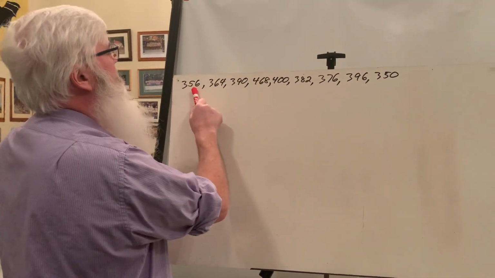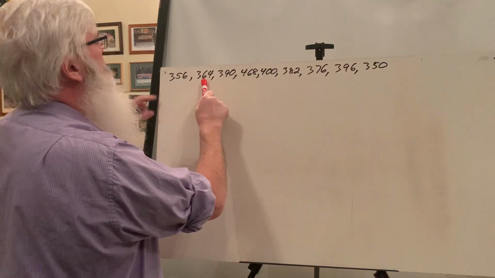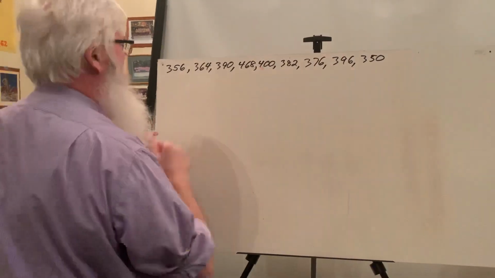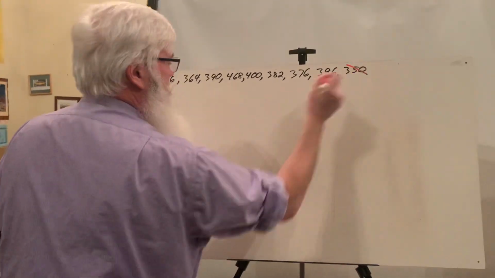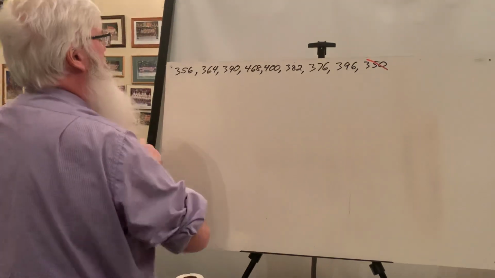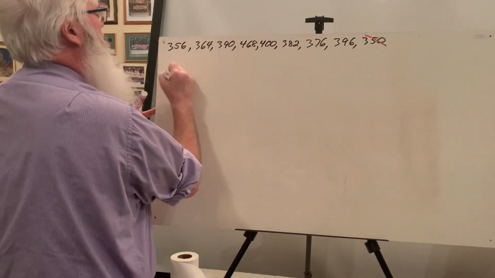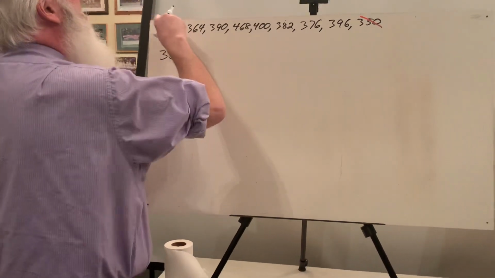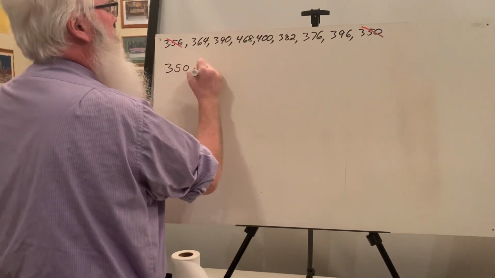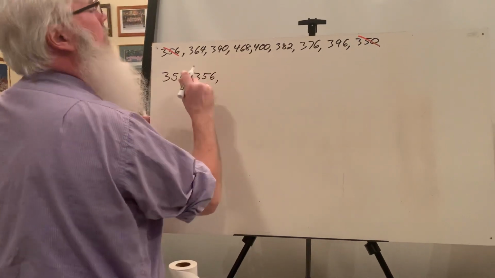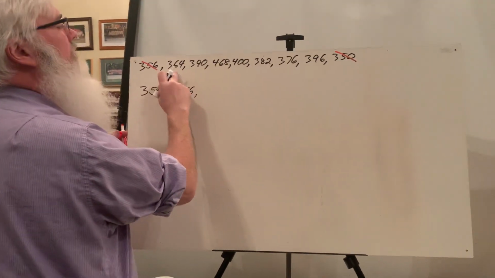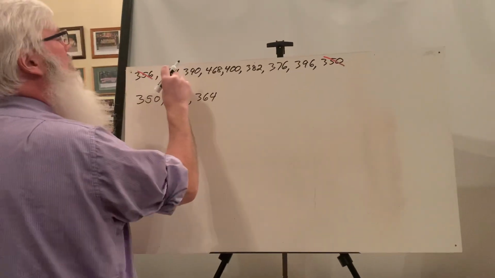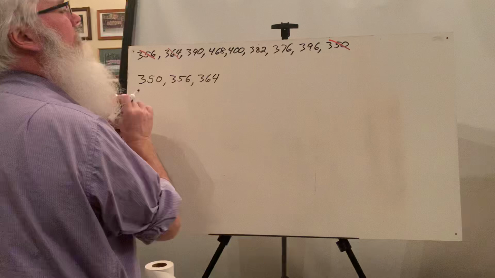Well, let's see, I got 356. Okay, that's still my lowest. Okay, so nope, we got 350. So 350 is my lowest. And my next one's going to be 356. And my next one looks like it's going to be 364. And then from there, it looks 376.